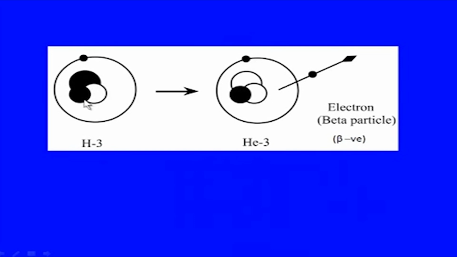You can see there are 2 neutrons and 1 proton, and now one of the neutrons is converted to a proton. So there are 2 protons here, your atomic number has increased, and there will be emission of a negative electron or beta particle. So, this was about decay by negatron emission.